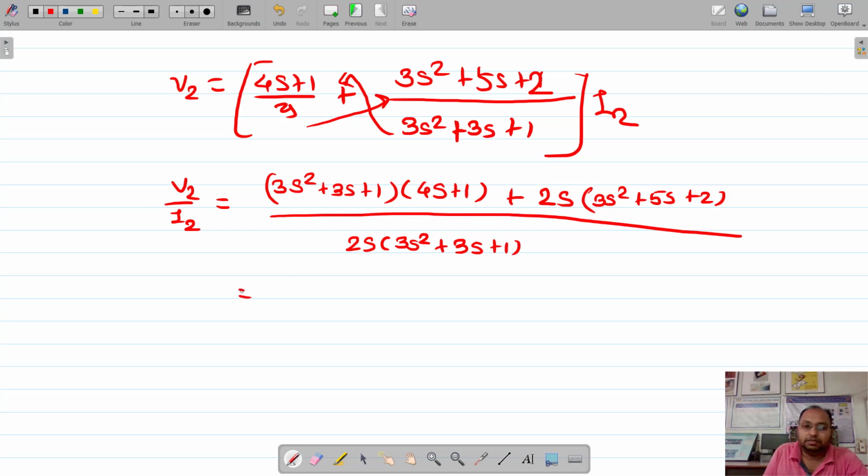Now do the multiplication. While doing the multiplication, be careful. Let us multiply 4s to this bracket so that it will be somewhat easy.